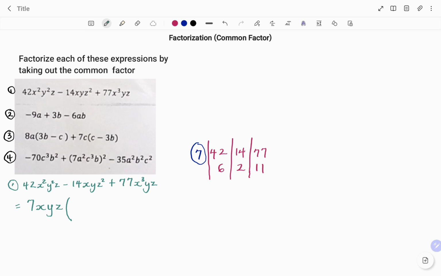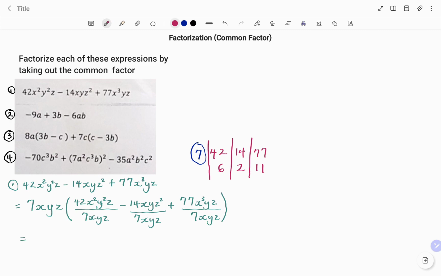So to make that easy, I'm going to write 42x squared y squared z, which is the first term, divided by 7xyz, minus 14xyz squared divided by the same factor xyz, plus we have 77x cubed yz divided by 7xyz. Note that you need to apply your laws of exponent here.